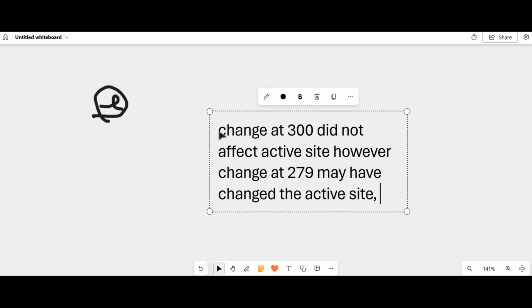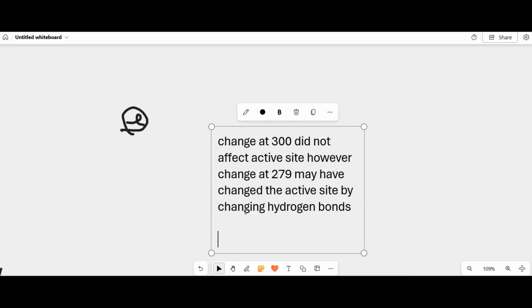We can also talk about how it changed the active site, obviously by changing hydrogen bonds. That's the main factor here. How is that affected? If you look at the amino acid it turned into at 279, GLU turns to LYS. If you go up to the table and look at the color code at the bottom, it shows positively charged and negatively charged.